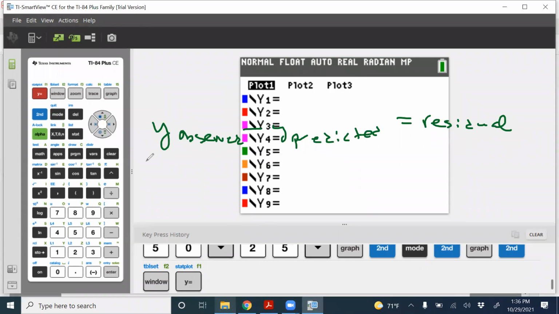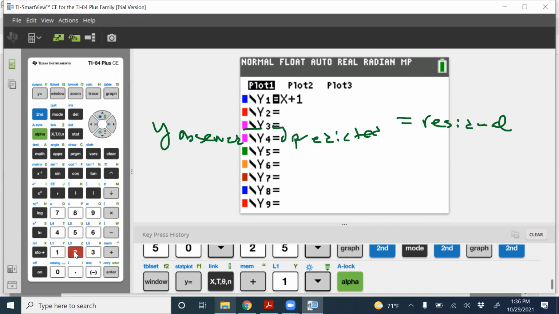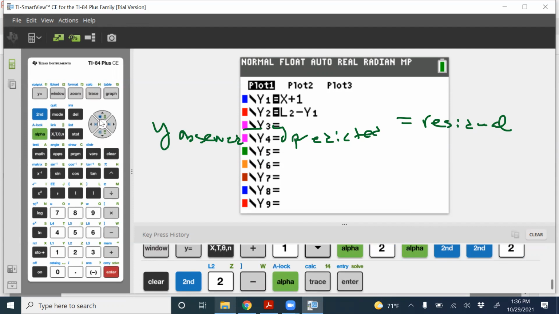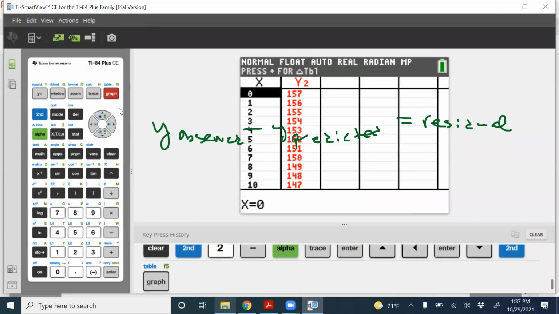I think you could do this. I think if you did like x plus 1, let's say, and if you did alpha L2 or second L2, there we go, minus alpha trace y1, and if it's second table, yeah, so it gives you all those different values.